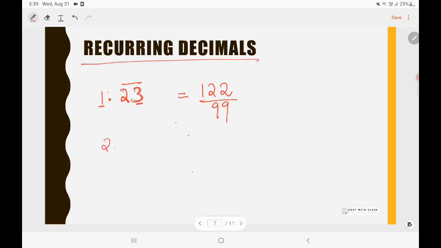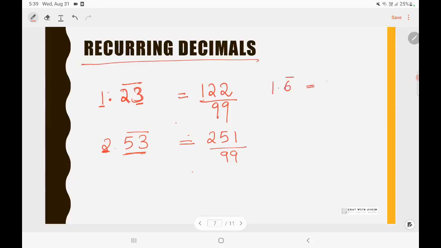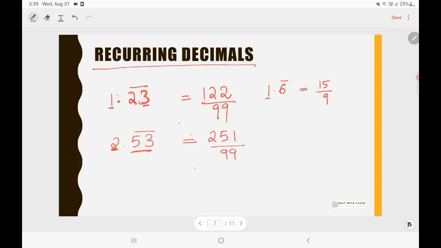If the question is 2.53 bar, you can write it as 250. From 3 you need to subtract 2. So that is 251 divided by 99, since there are 2 decimals repeating. Now if you have 1.6 bar, you can write it as, from 6 you need to subtract 1, that is 15 by 9, because only one number is repeating, so you can write 9 here.